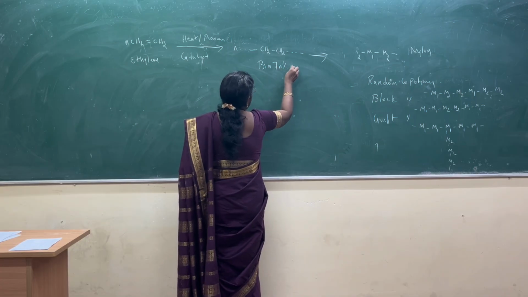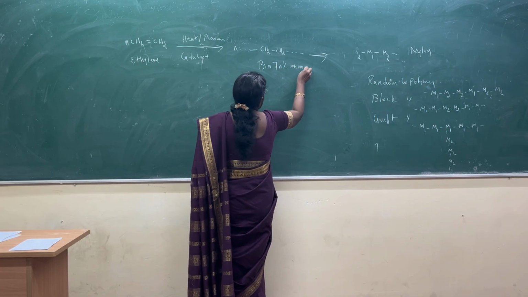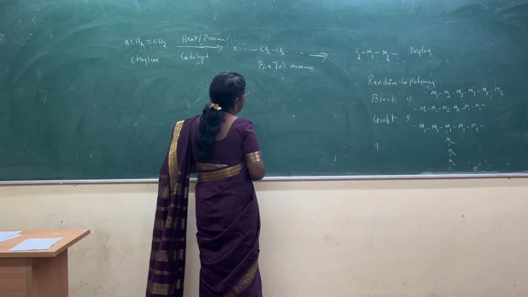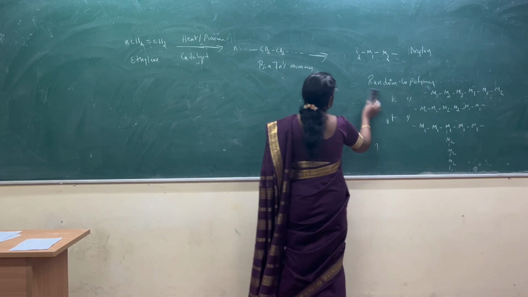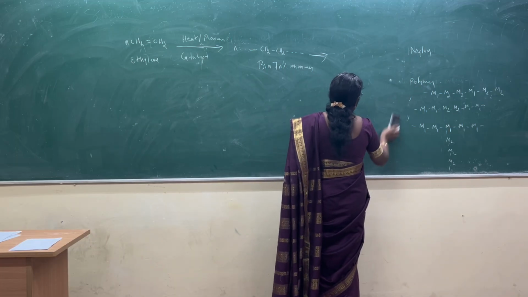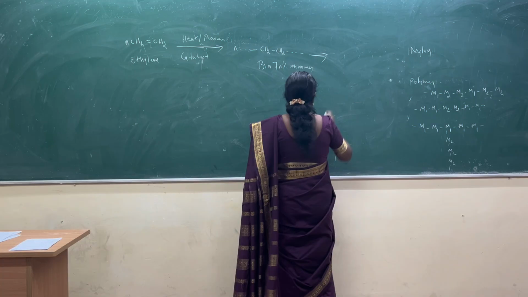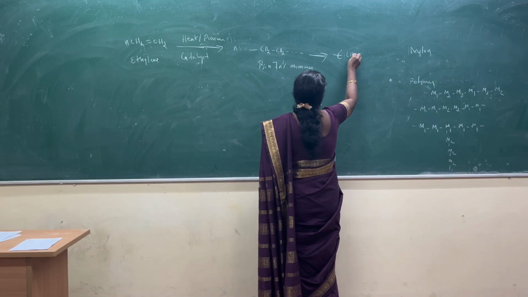We have already studied functionality; a bifunctional monomer has functionality 2, and we can get polyethylene.